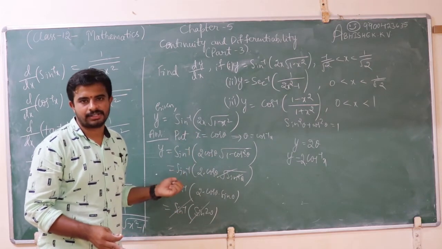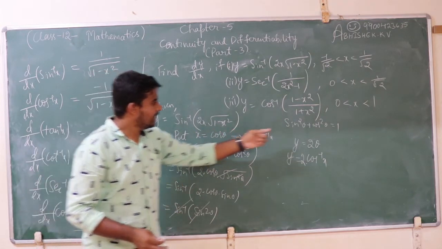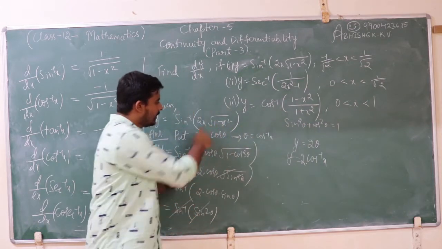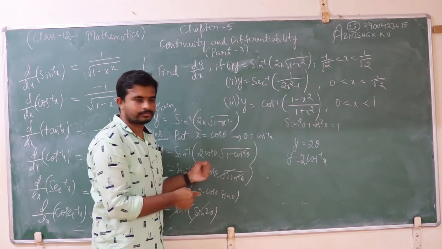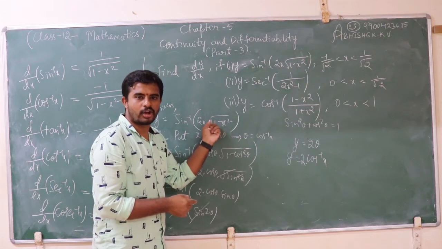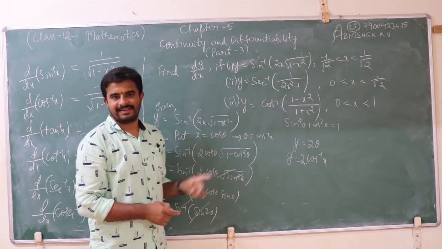Substitute x is equal to cos theta. Why are we using this? See, sin square theta plus cos square theta is equal to 1, so square root of 1 minus cos square theta, or 1 minus sin square theta.